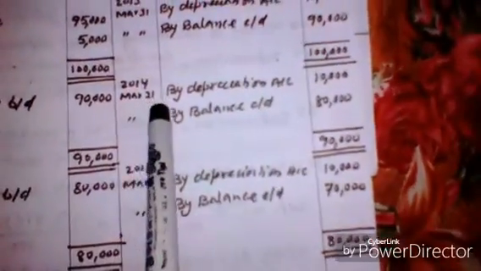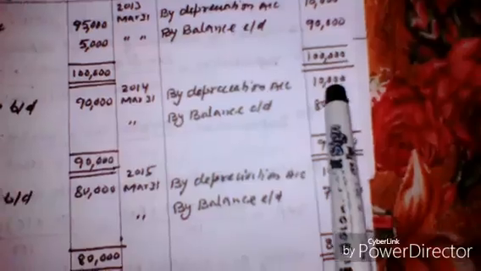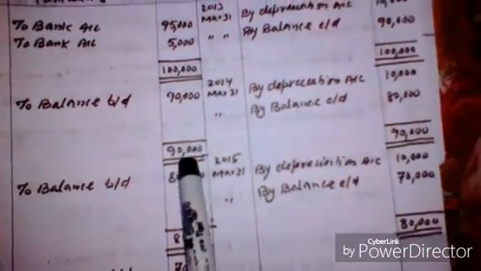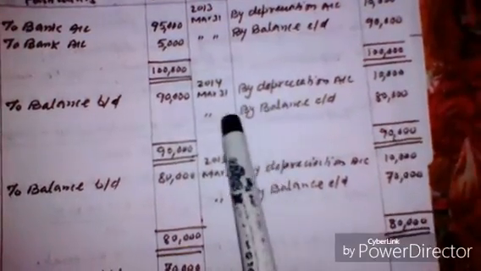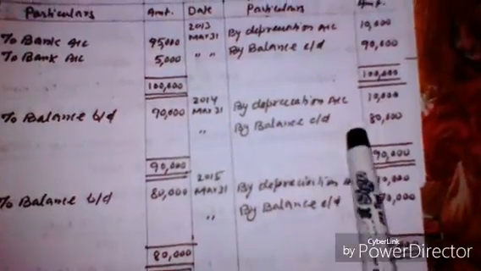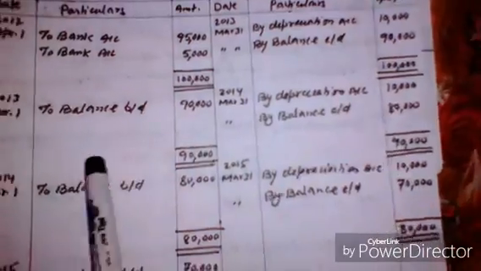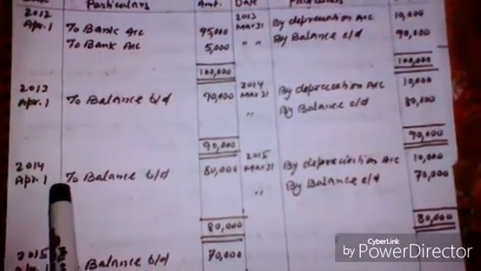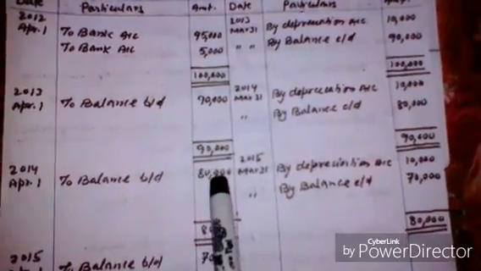So total debit side is 90,000. Write this here also, 90,000. So on 31st March 2014, by balance carried down will be 80,000. So this 80,000 will transfer here next year, April 1st 2014, to balance brought down 80,000.